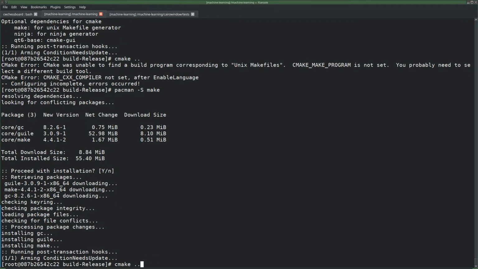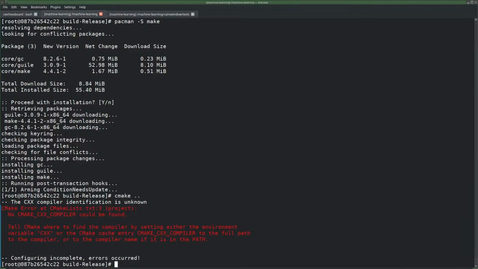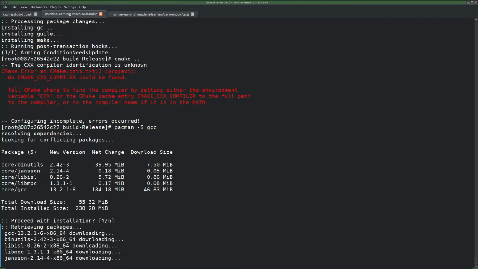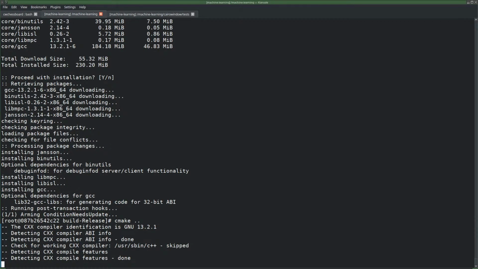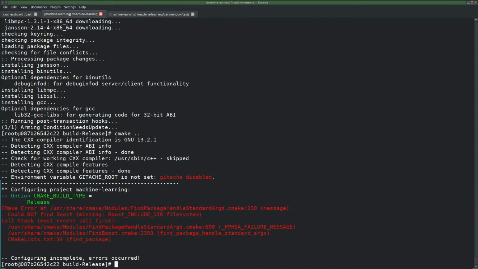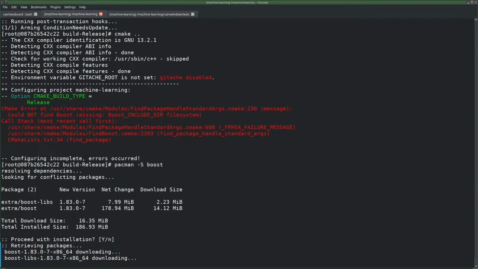I think there's more. Oh, I need to install a compiler. Well, what do you think of GCC? Do I have a C++ compiler now, or build up release? Boost is not found. Boost.